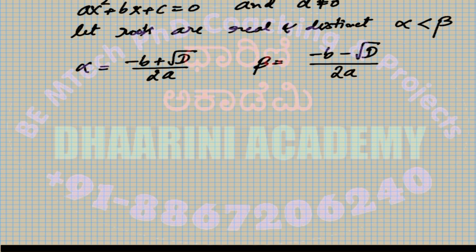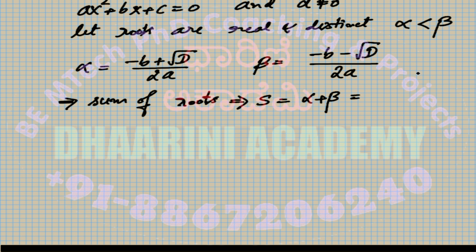Okay, roots are real and distinct, then we can try to write it in this way. If this is the case, then what will be the sum of roots? When you take the sum of roots indicated by s, which is equal to alpha plus beta, right? This can be simply calculated as minus of b by a.